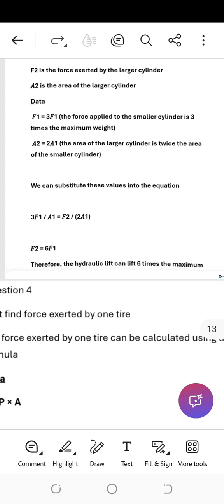Where there is A1, we keep A1. So we have 3F1 over A1 equals F2 over 2A1. We want to calculate the force F2, because we were told to calculate it, and then we make F2 the subject of the formula.